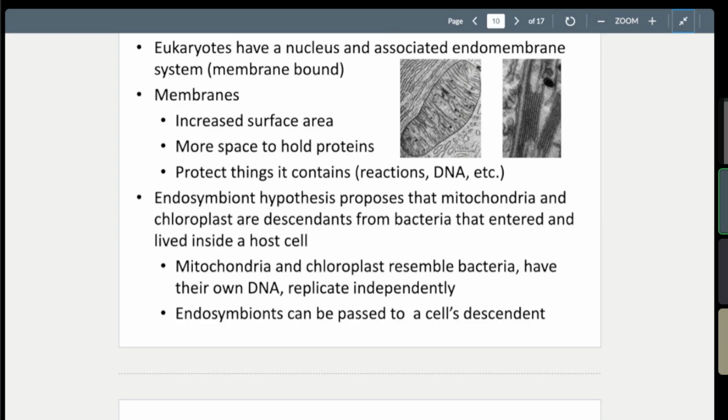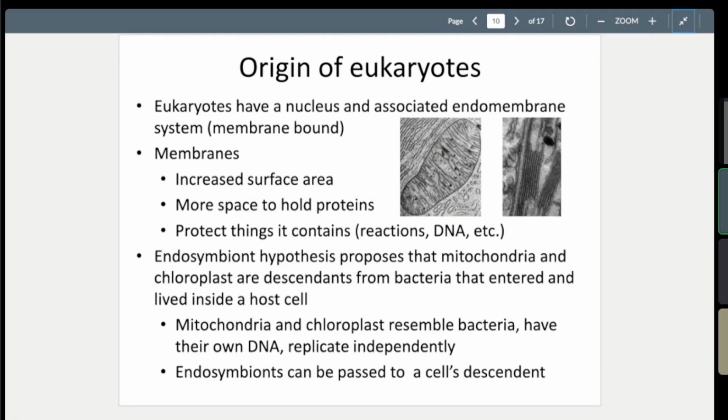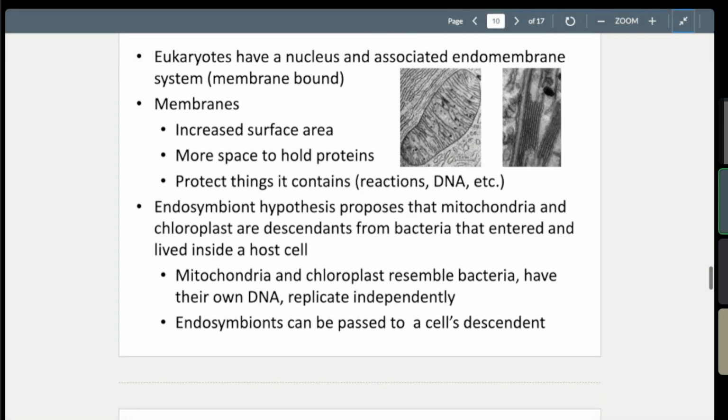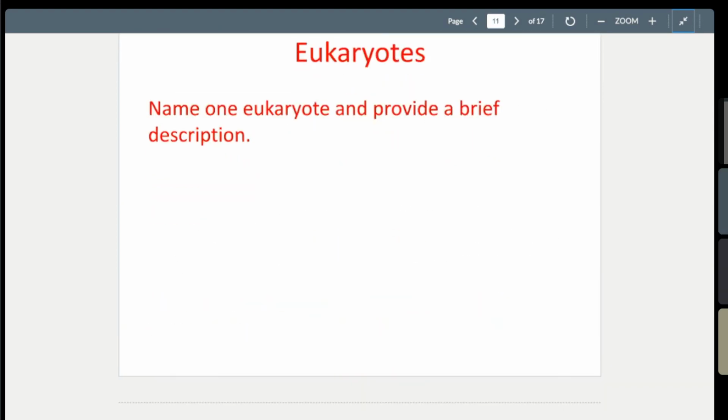Mitochondria and chloroplasts resemble bacteria because they have their own DNA, and they replicate independently. So an endosymbiont can be passed to a cell's descendants when it replicates itself. Name one eukaryote and provide a brief description.